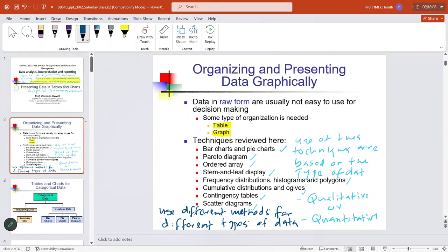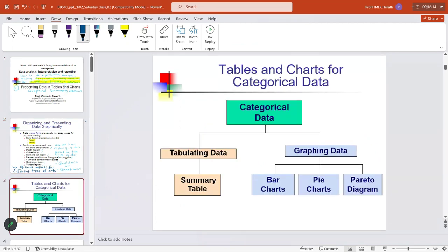Let's first see what the methods are that we use to summarize categorical data. We usually use summary tables to summarize categorical data, and graphs like bar charts, pie charts, and Pareto diagrams as graphical tools.